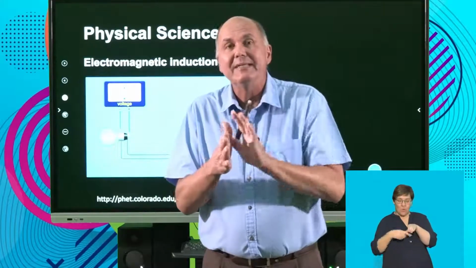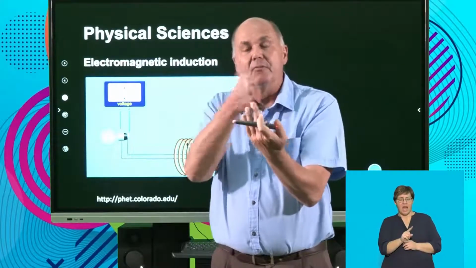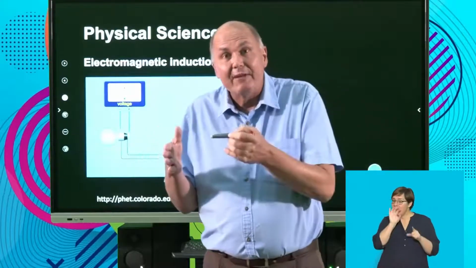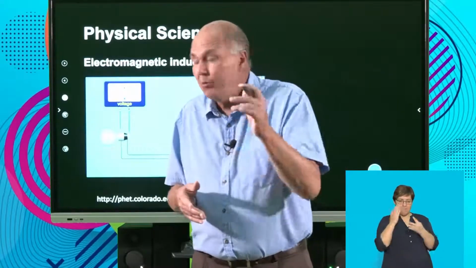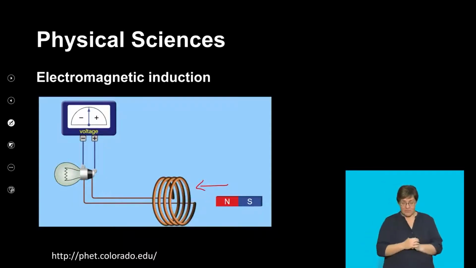The coil has an area that is perpendicular to the direction in which the field is moving, and you can see that if the field is moving up, there's an area in the middle of the coil that is at 90 degrees to that. And so we recognize that the magnetic field lines are also going to cut through this area in the middle of the coil. And so we've got to recognize that there's a change in magnetic flux.